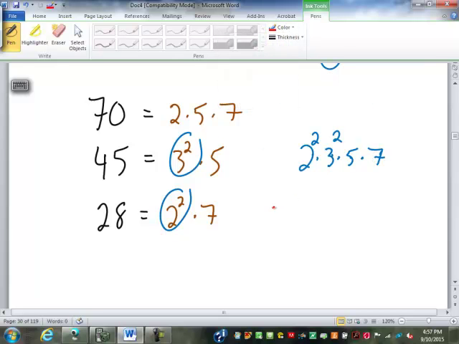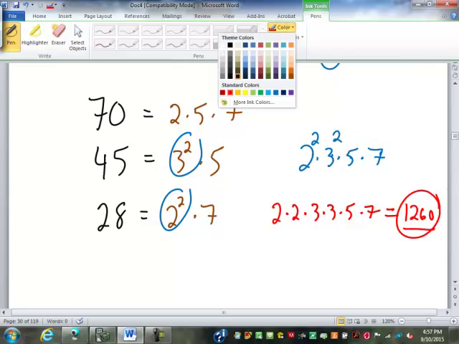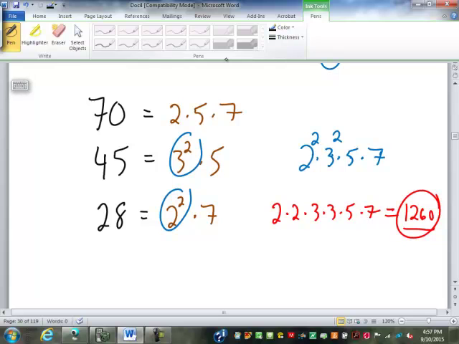So 2 times 2 times 3 times 3 times 5 times 7 is 1,260, I believe. So 1,260 is the least common multiple. Still not necessarily easy, but like I said, some people find the exponential form easier than the other.